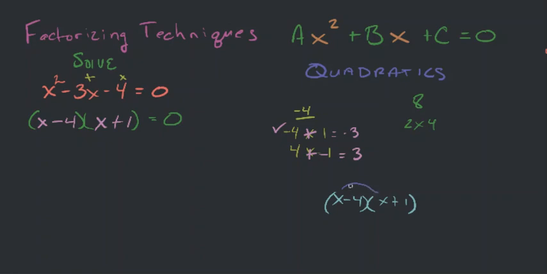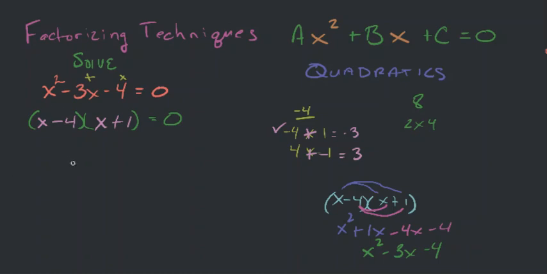The way we do that is x times x is x squared, and x times 1 is 1x, and then we take this -4 and multiply it by x, and -4 and multiply it by 1, and so that yields this, which when we simplify gives us x squared minus 3x minus 4, which is what we began the problem with. That means the 2 factors of this red one are x minus 4 and x plus 1.